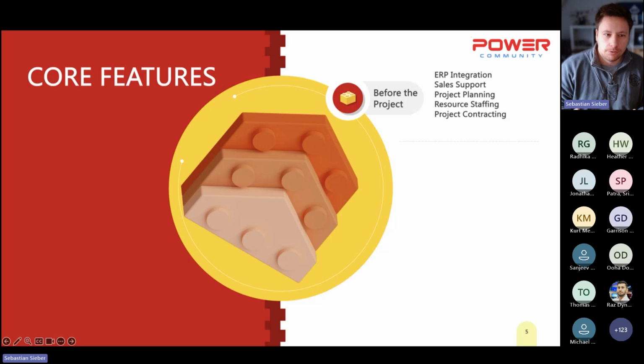I want to do a good project estimation for whatever I'm offering to the customer. And this is where project operations already starts at a very early stage, deeply connected with sales. It helps me provide better resource staffing and better project planning, because I'm connected at the quote, when I want to send an offer out to my customer.